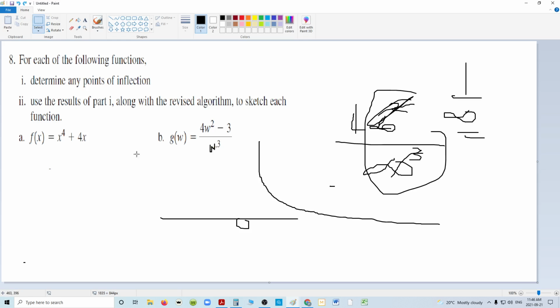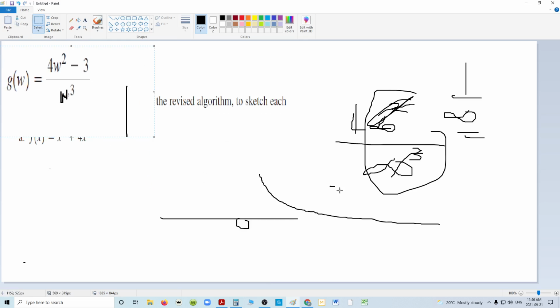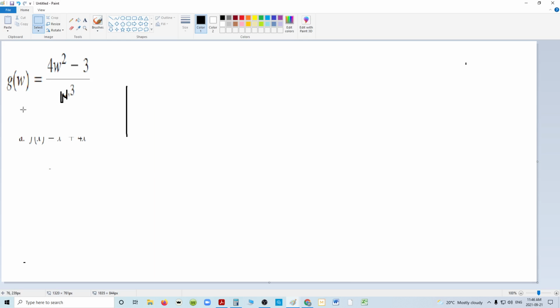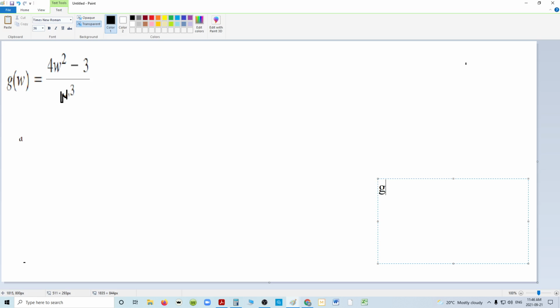Okay. There's the function. w cubed. So the bottom function is going to be w cubed, which means the derivative of the bottom function is going to be 3w squared.